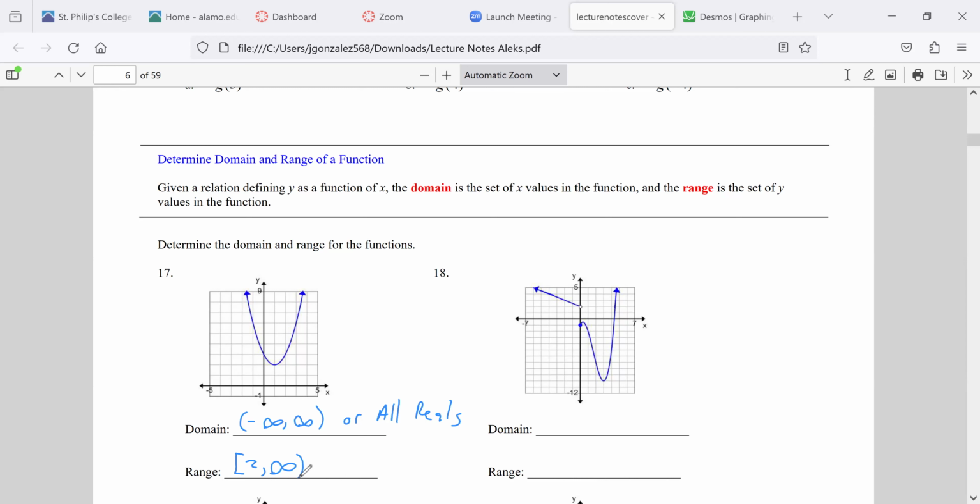It ends at 2, that's the lowest one. Yeah, 2 is the beginning and then it keeps going up. If it was flipped, it would be negative infinity comma 2 bracket. You always put the most negative first. That's the easiest way to remember: the most negative goes first, the most positive goes second. The lowest first, comma, biggest. Okay.